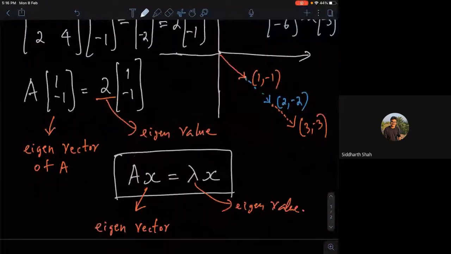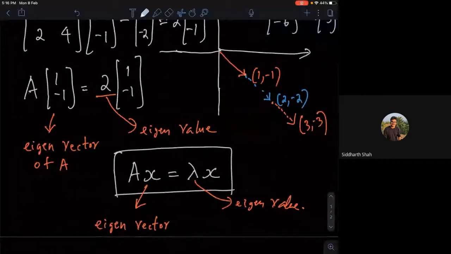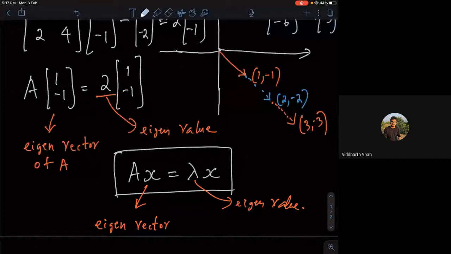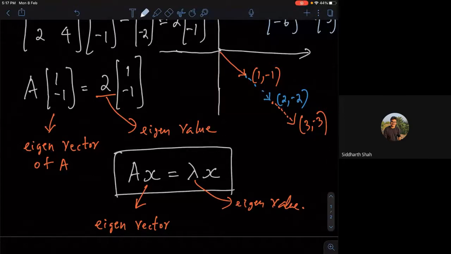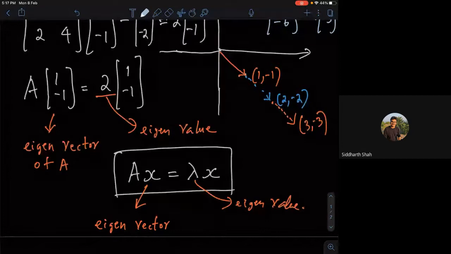Okay, right. So usually when people say that there is only one eigenvector, or there are only two eigenvectors, they intend to mean that there's only one independent eigenvector, right?